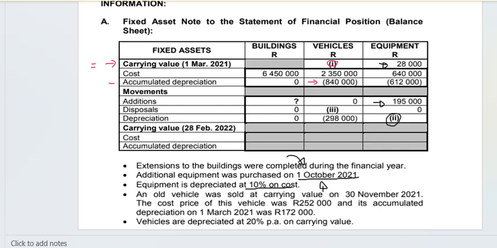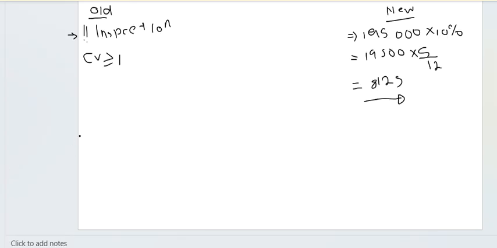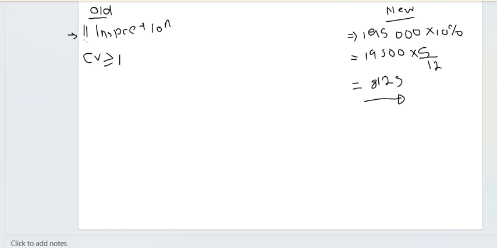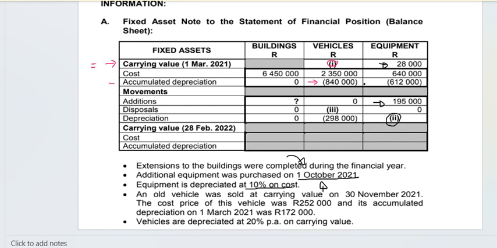But let us do it so that you can see. To calculate a depreciation, we just use this format: straight line is cost times the depreciation percentage. So the cost of the old vehicle is just 640,000.